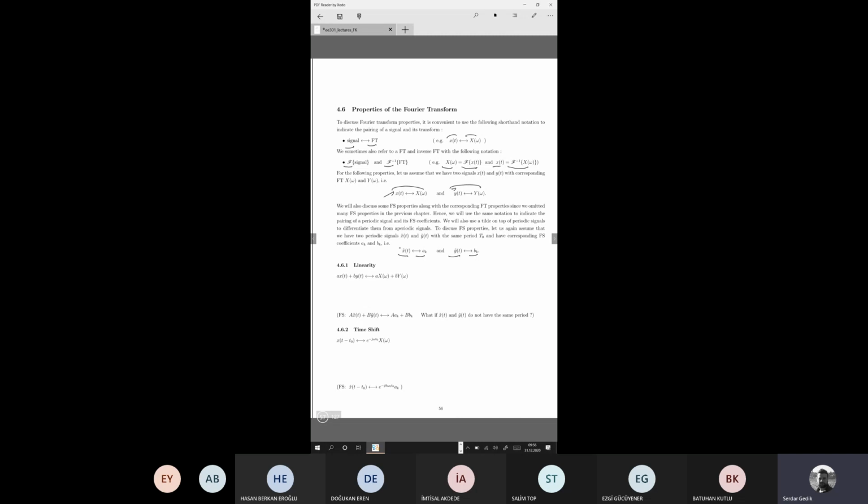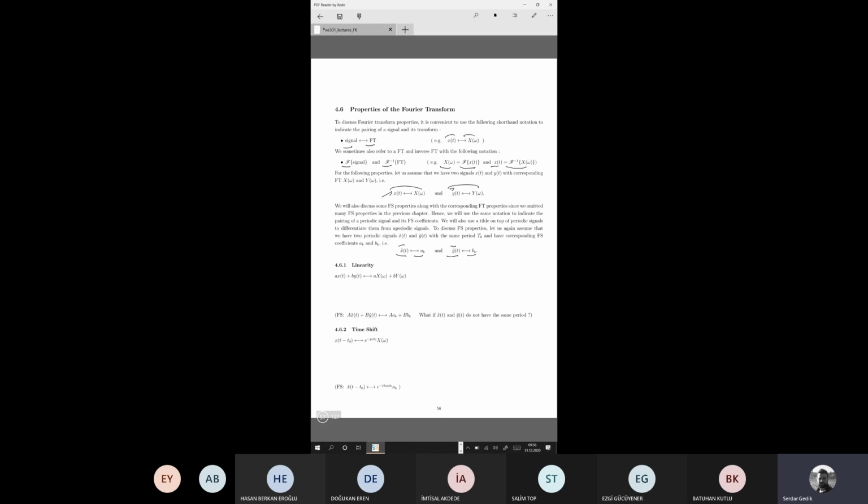But those x tilde t and y tilde t are periodic signals. Also remember, once more, you can find the Fourier transform for periodic signals and aperiodic signals, but the Fourier series expansion is valid for periodic signals. Okay, so this is the case.